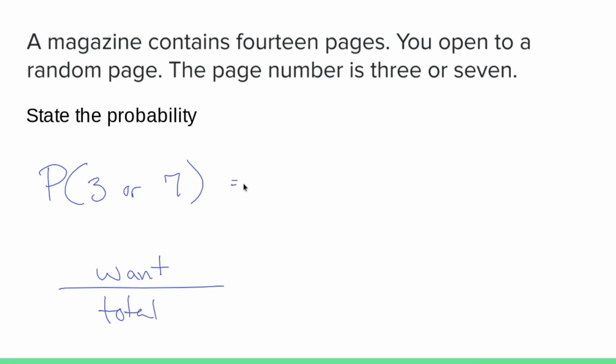Now, my total possible outcome for this is going to be 14 because there's 14 pages. I want either 3 or 7. That's 2 outcomes that I want. 2 divided by 14 is 1 over 7. So the probability of me turning to randomly 3 or 7 isn't that high, but possible.